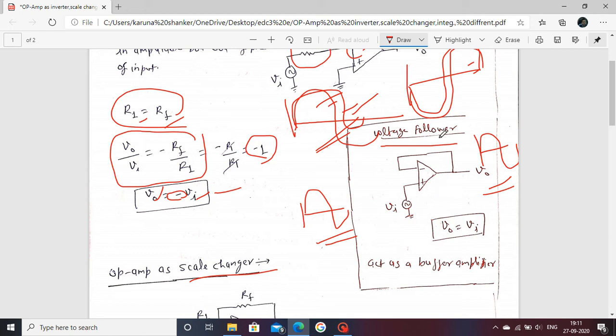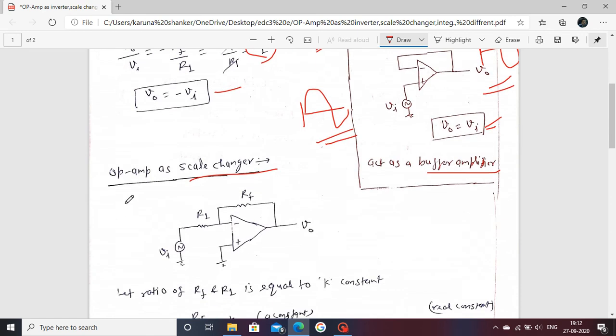This is called a voltage follower circuit. The relation is output equals input. Here is the same relation, but one difference is the negative sign. This negative sign shows 180 degrees out of phase, meaning it inverts the input signal to the output side. The voltage follower does not invert; whatever the input is, the same comes to the output. This is used as a buffer amplifier.